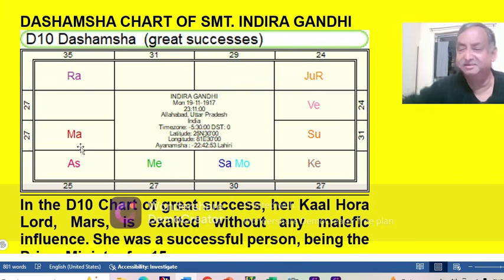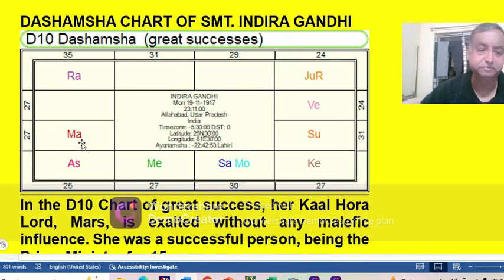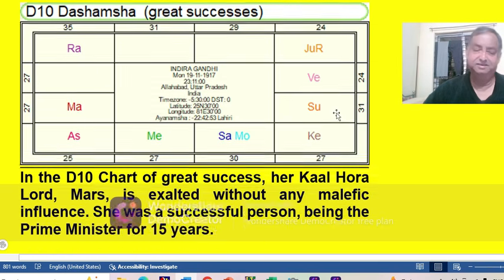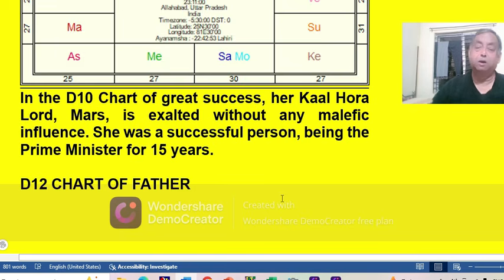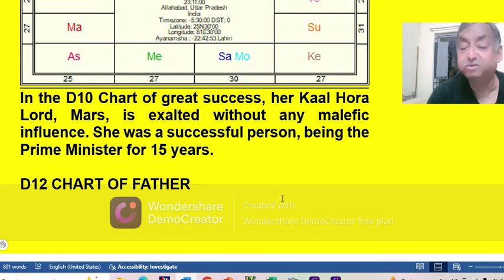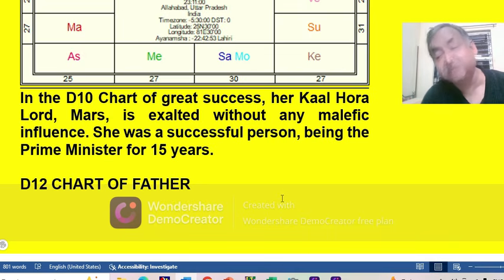Great destiny. And unafflicted. It is aspected by only Venus, who is a natural benefic. In the D10 chart of great success, her Kaal Hora Lord, Mars, is exalted without any malefic influence. She was a successful person, being the Prime Minister for almost 15 years.